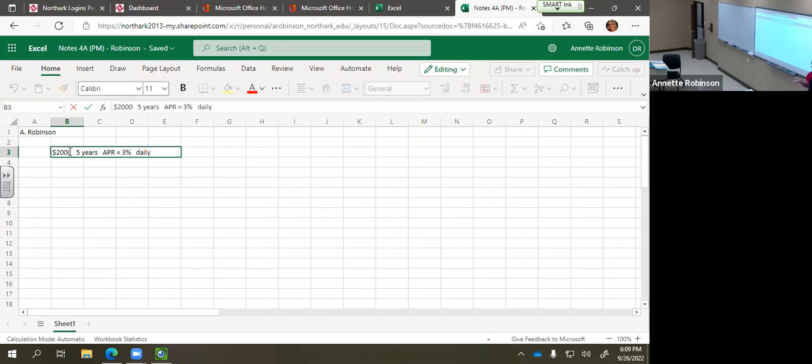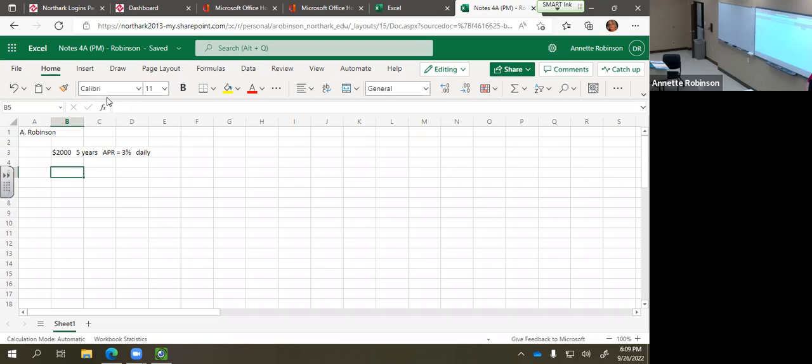I just wrote some information. If it was my homework, I could number it with what problem it was in the book. All right, on another cell, and it can be any place. I just always choose the second column because I'm afraid I'll lose the first column sometimes in printing or something.